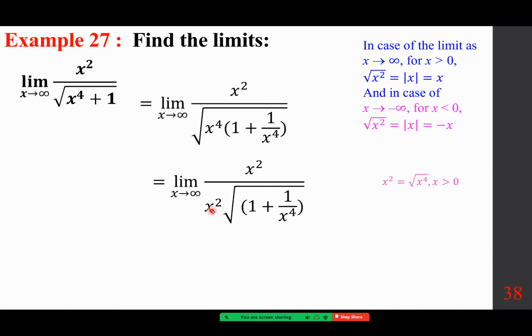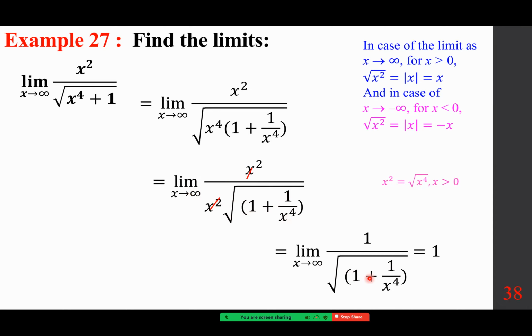But nevertheless, we divide the top and the bottom by x squared, dropping the common factor of x squared, everybody. When we do that, the numerator gives us just 1. And if you look at the bottom, you have 1 plus 0 because 1 over x to the power of 4 is 0.